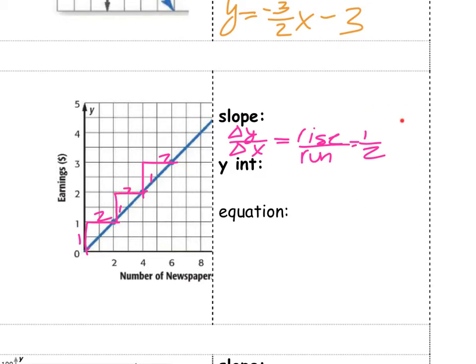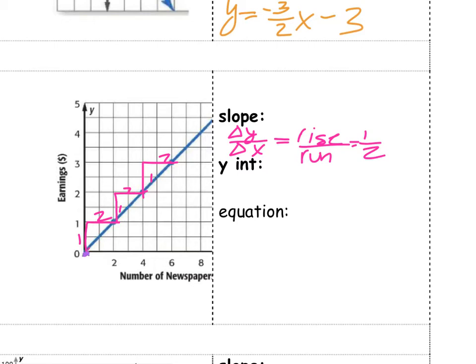So our slope is going to be 1/2 because we're going up 1 whole unit, and then we are going over 2. So we are rising up 1, and then we are running 2. Then we have to think about that y-intercept.